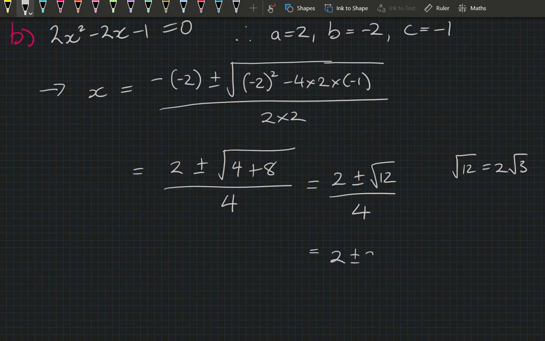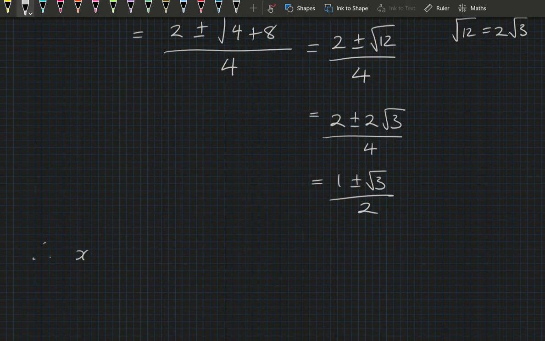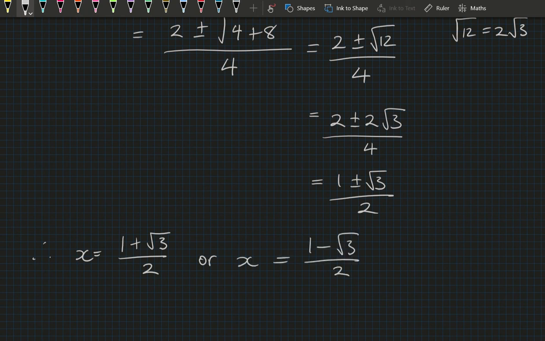So let's change that, and we can divide everything there by 2. So we've now got (1 plus or minus root 3) all over 2. We've just taken out common factors of each element there, okay? So this means that x is equal to (1 plus root 3) on 2, or x is equal to (1 minus root 3) on 2.